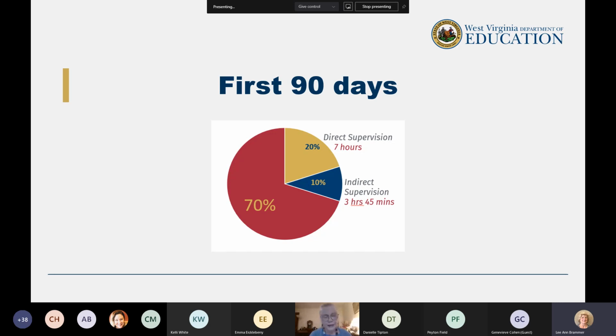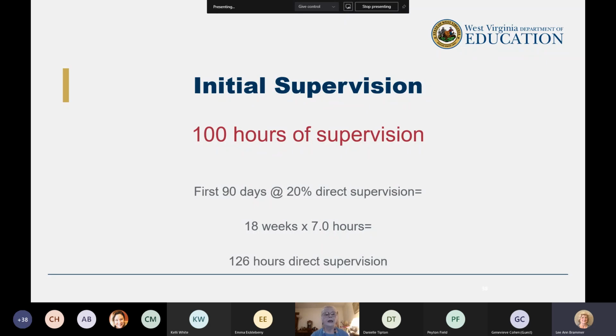Then if we go to the next slide, and this is the thing that makes me sick to my stomach, because ASHA recommends, that's in the red, 100 hours of supervision to start out. We did it with the 90 days, but it makes sense, especially if you have a new SLPA who's just come from undergraduate school.